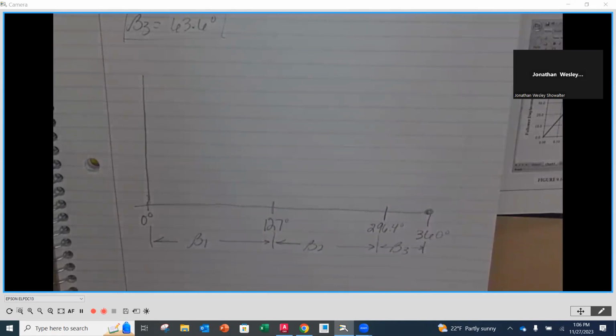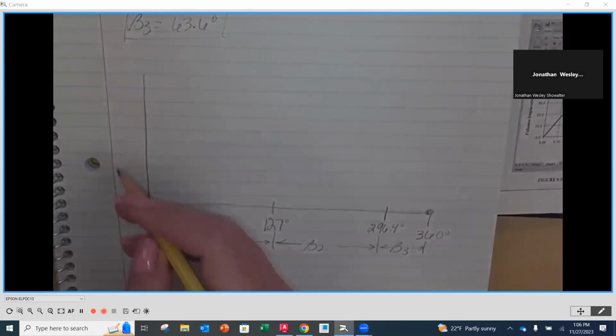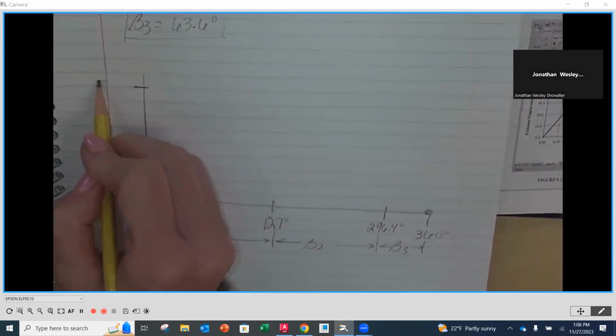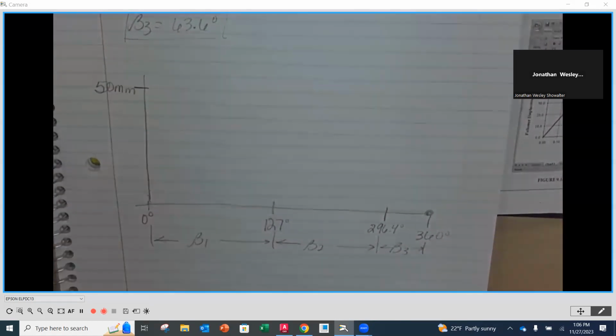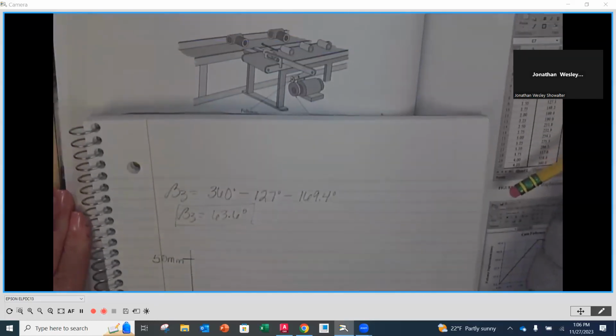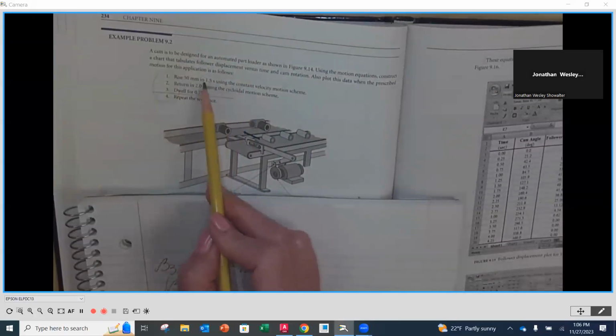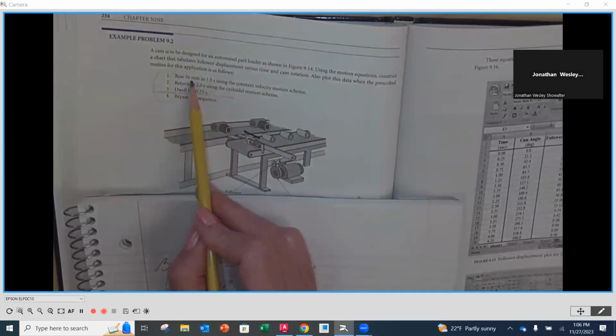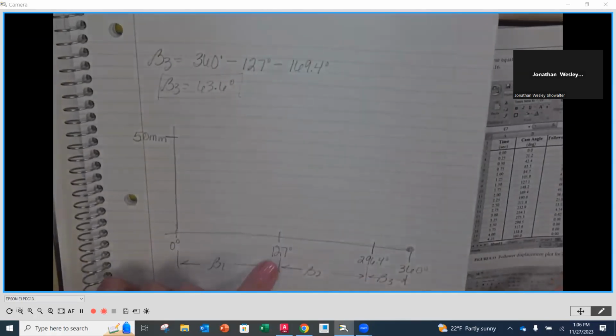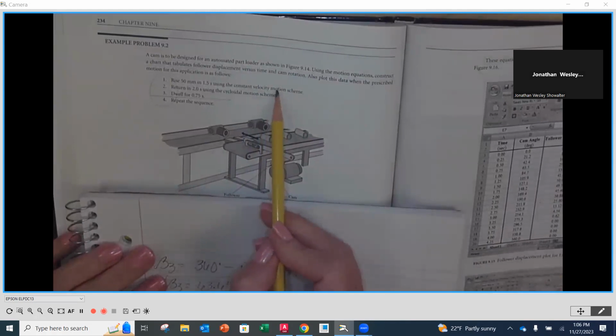Now, for the first part, it said that we're going to be rising 50 millimeters. 50 millimeters is a little bit less than 2 inches. So our high point here is going to be 50 millimeters. The motion on step number 1 said that in 1.5 seconds, 50 millimeters, or in 127 degrees, this was going to be constant velocity.